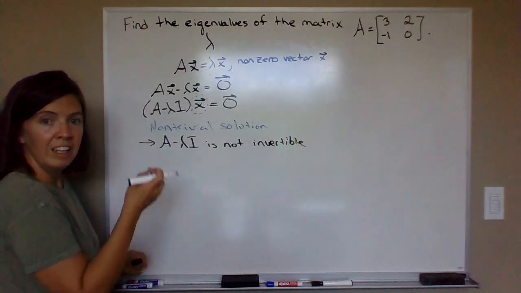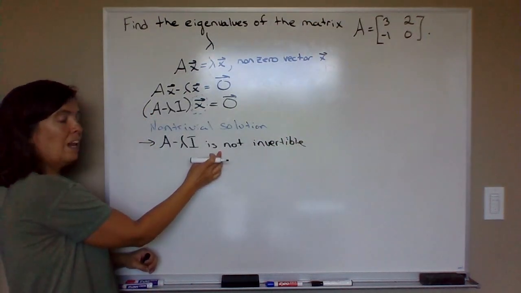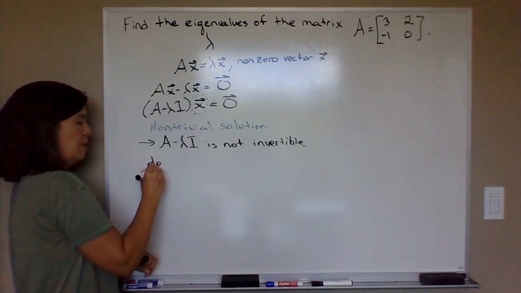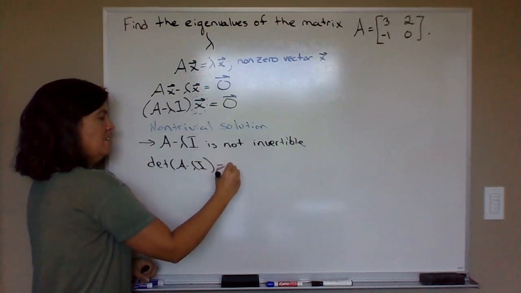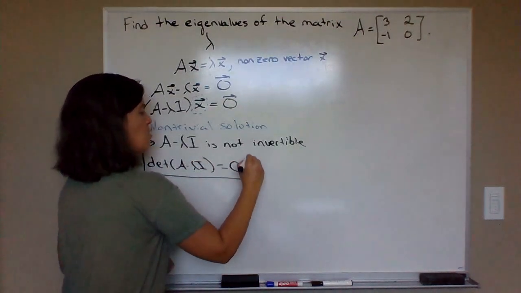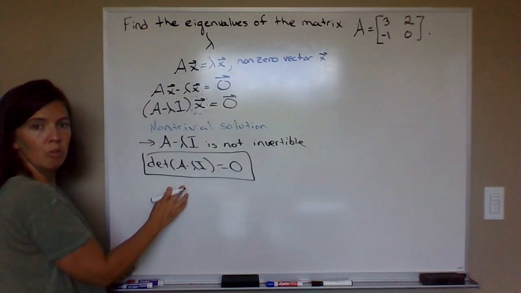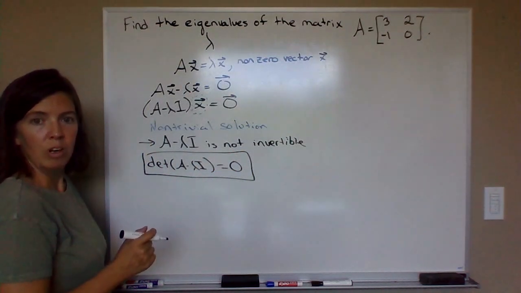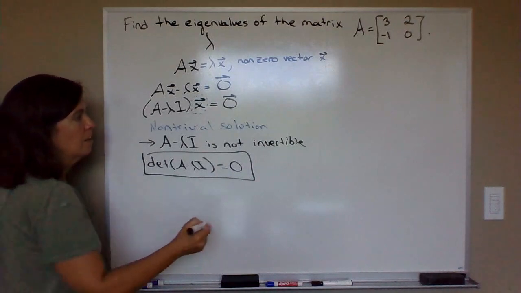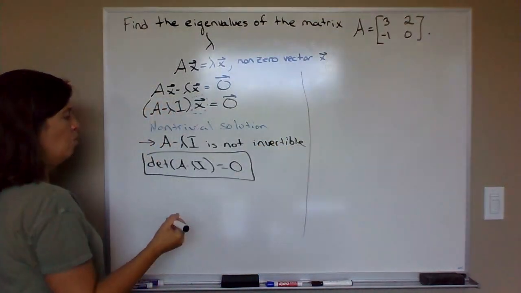And if it's not invertible, that happens if and only if the determinant of A minus lambda I is 0. And so this right here is how we're going to find eigenvalues, through this equation, which we refer to as the characteristic equation for matrix A.